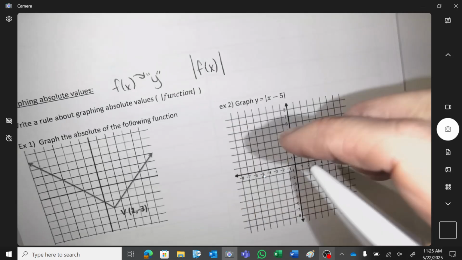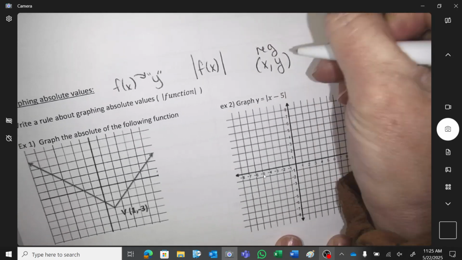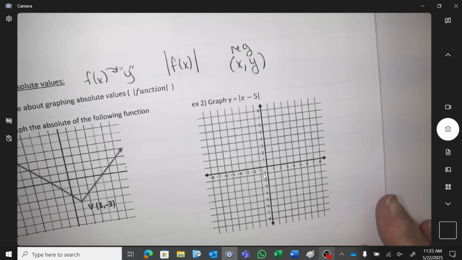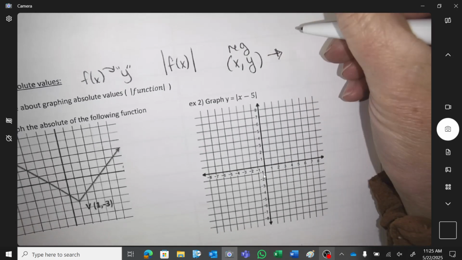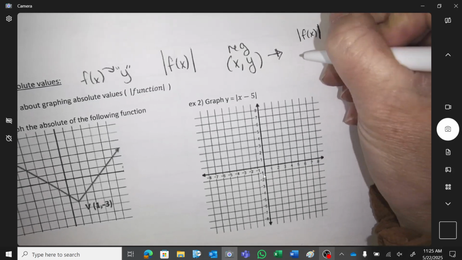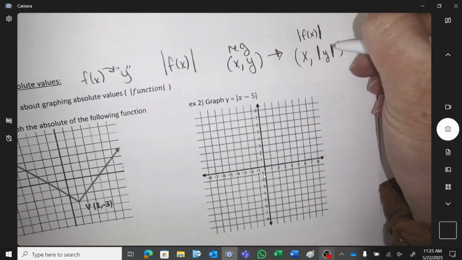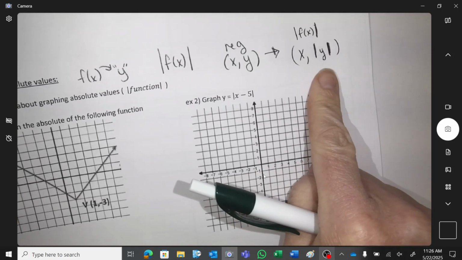So what happens is you're going to take a regular point, which is x, y, and then when you absolute value it, you're going to apply this idea.